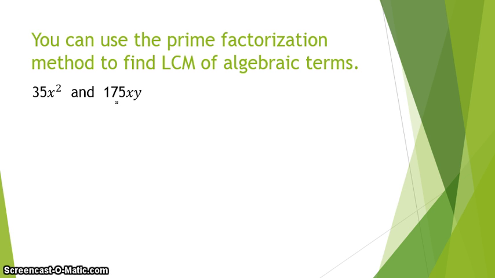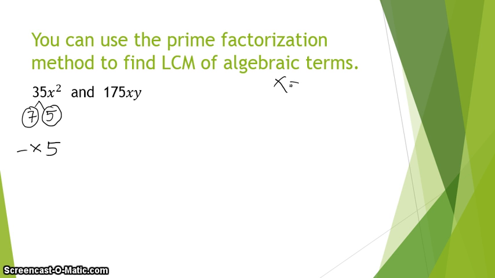So I'm going to break this up, and I'm going to see, 35 is what times what times what? 35x squared. And 175xy is what times what times what? So 35, I know, is 7 times 5. Both of those are prime. So 35 is 7 times 5, and then x squared means x times x.